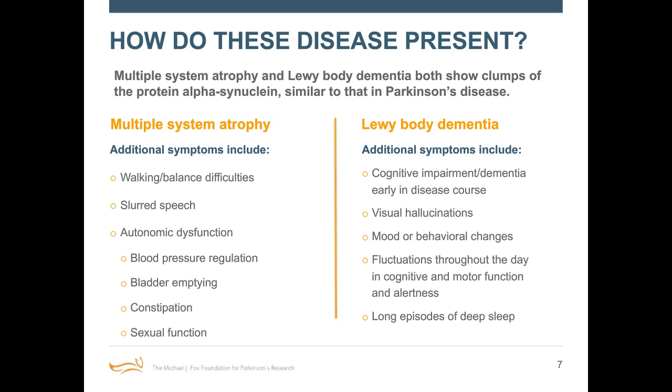In the case of MSA, as we've already been discussing, autonomic dysfunction, either difficulty with regulating blood pressure, particularly when sitting or standing up, or difficulty emptying the bladder with sometimes incontinence, sometimes the opposite problem of retention of urine, could be an early red flag, as well as some of the others that are listed on the slide. I'm happy to talk about any of the specific symptoms, cognitive or otherwise, in more detail.